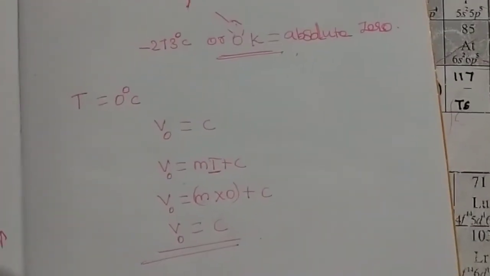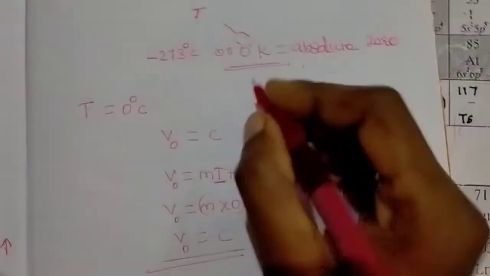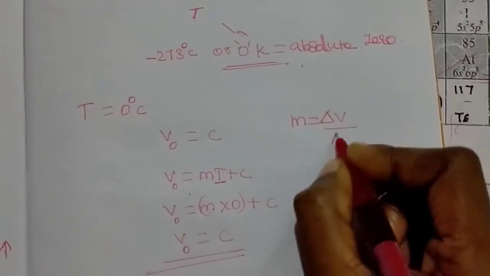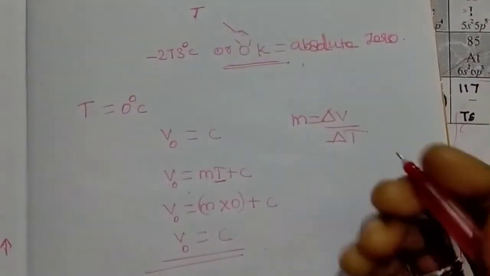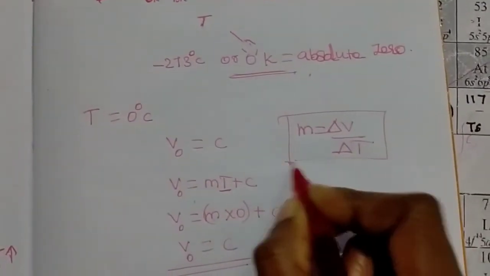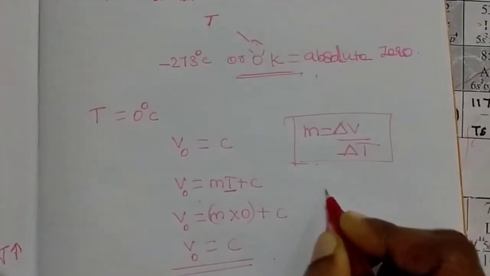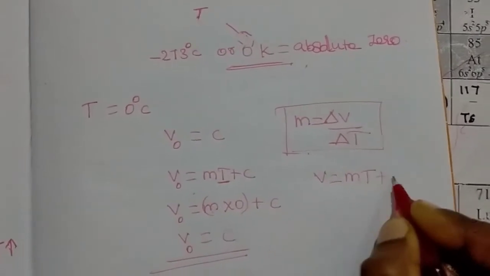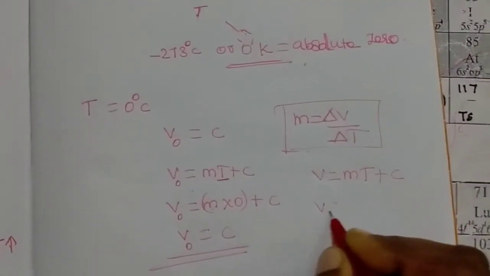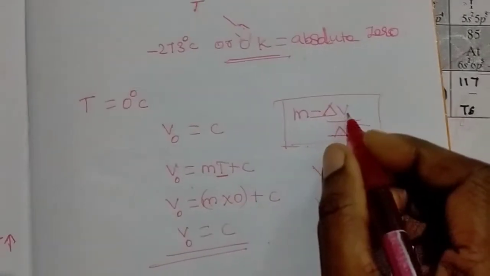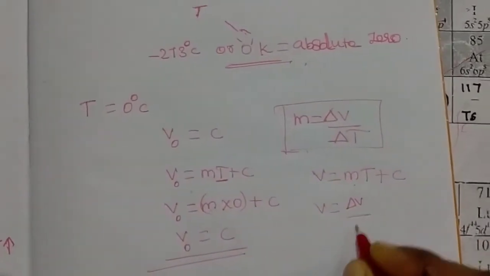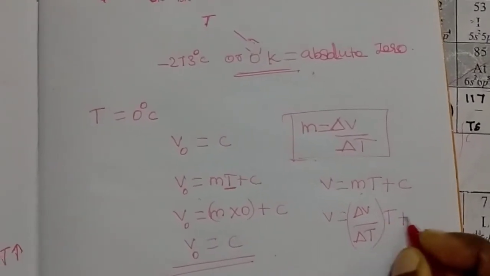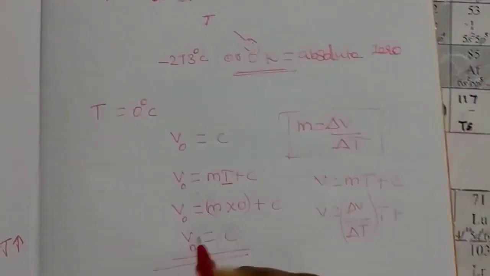So getting the slope from the straight line, M is equal to delta V divided by delta T. Therefore we can apply this value in the equation V is equal to MT plus C. Now apply this value: V is equal to delta V divided by delta T into T plus C. What is C?